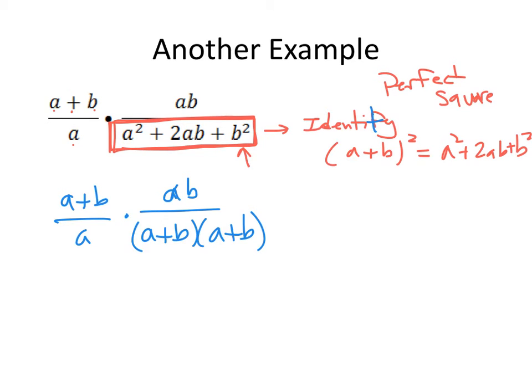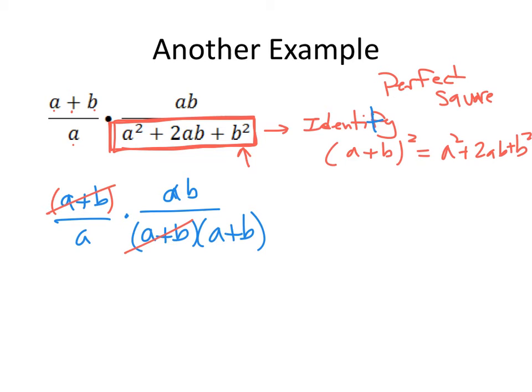And it's just something that you want to get in the habit of recognizing because it just makes your factoring a little bit easier. But the idea here is that we have a plus b over a times ab over a plus b times a plus b. And so we can look at those in terms of factors, and then two of these will cancel each other out.